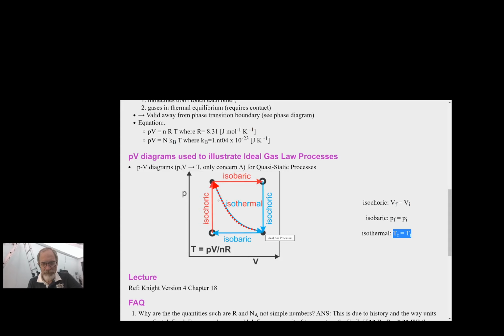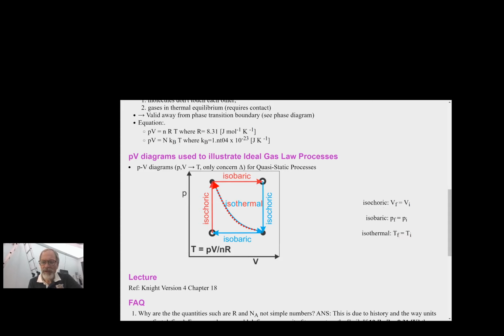It's a curve. Both the pressure and the volume change, but the temperature remains constant. So isochoric, volume remains constant, meaning you've got a vertical line. Isobaric, the pressure remains constant, so you've got a horizontal straight line. Isothermal, the temperature remains constant.